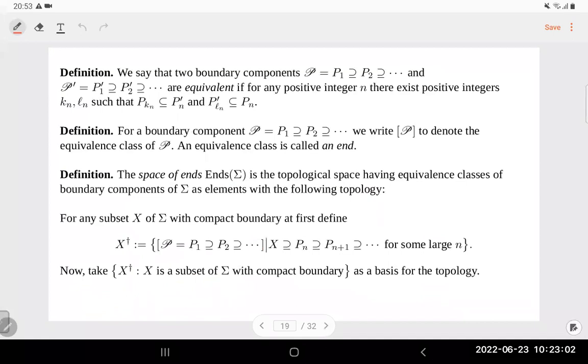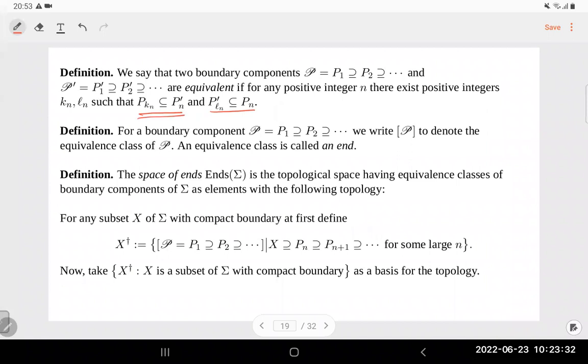Okay, so here is the next definition. How do you say whether any two boundary components are equivalent or not? This definition says that two boundary components are equivalent if and only if there exists a subsequence of the first boundary component eventually contained in the second boundary component, and there is another subsequence of the second nested sequence which is contained in the first one.